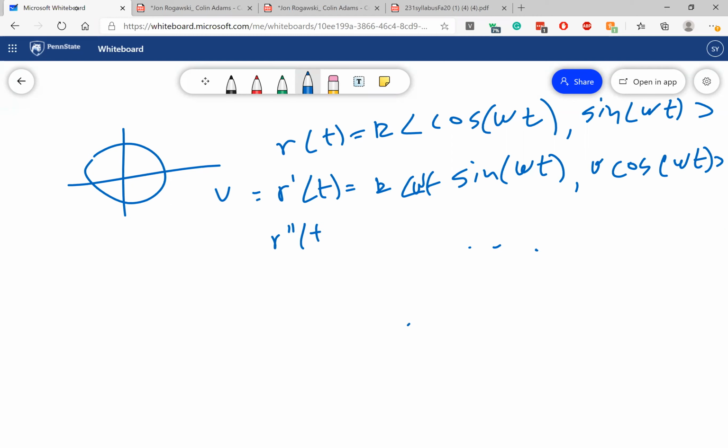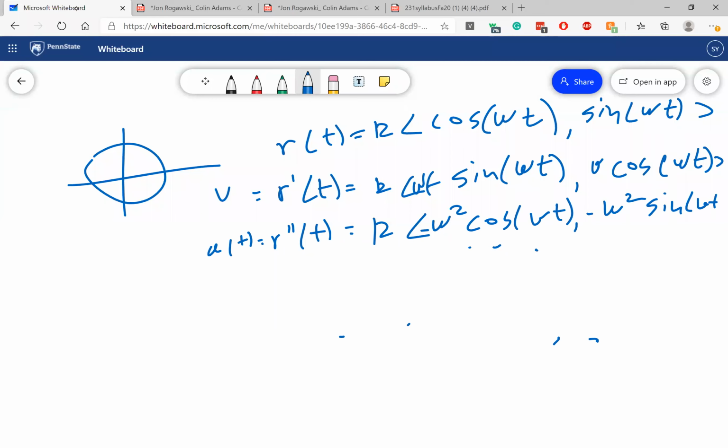And then r double prime of t, which is our acceleration, would be equal to big R times omega squared times negative cosine of omega t, and then over here negative omega squared sine omega t.